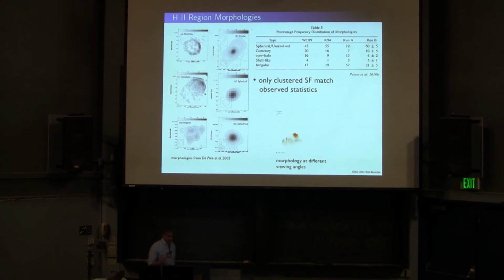And there's no magic behind this. It's most probably a point of at which state into the evolution you look at a particular compact H2 region, or at which viewing angle. So essentially all the morphologies can be reproduced. So you don't have to come up with something specific for a given shape of your H2 region.